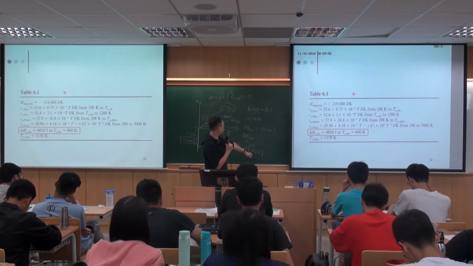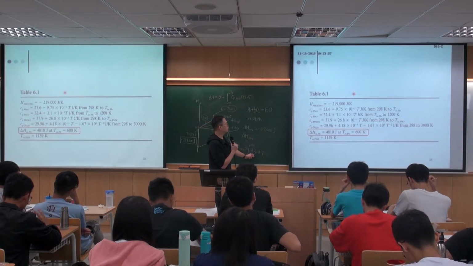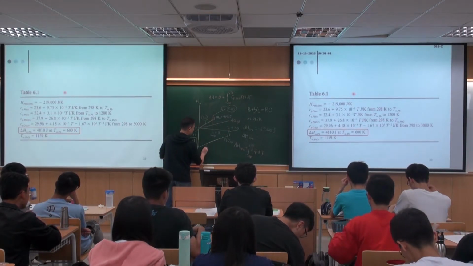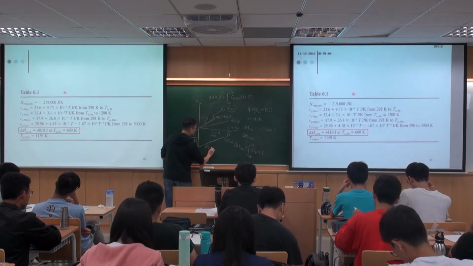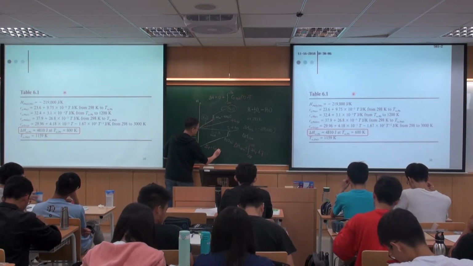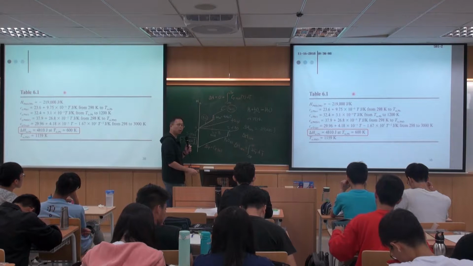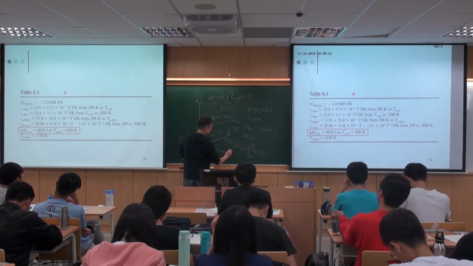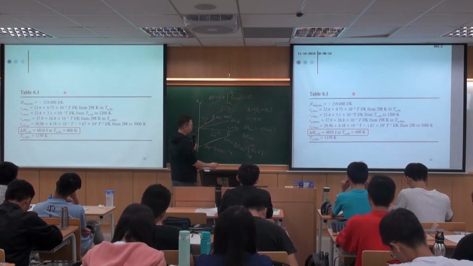So in this case, the delta Cp is what? You have Cp of lead oxide, that's the product, it's in the solid phase, minus Cp of lead.